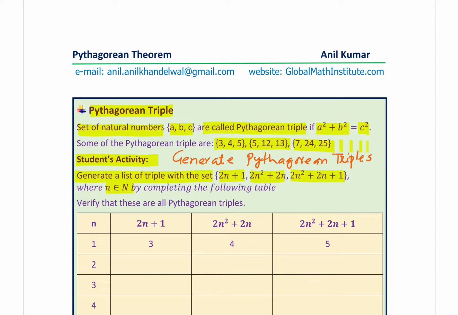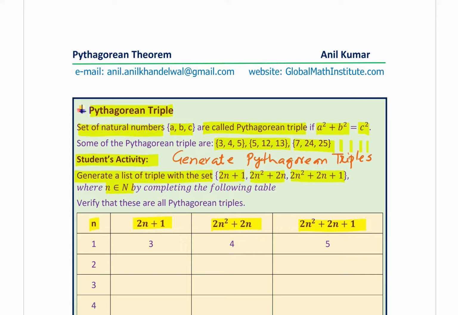Because the side length cannot be 0. It has to be greater than 0. Perfect. So make a table as shown here. N is number 1, 2, 3, 4, and then make 3 columns. Calculate the values, fill this up to generate your own triples. Is that clear to you? So let this be an exercise for you.